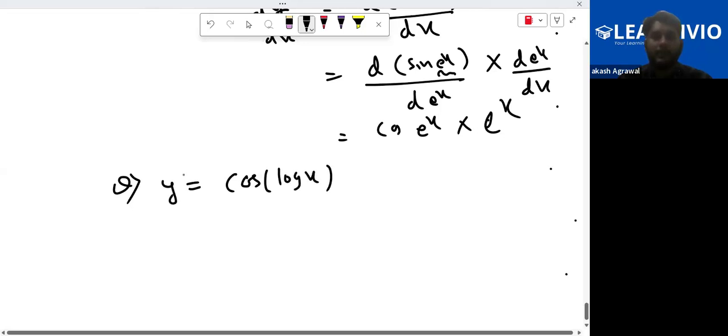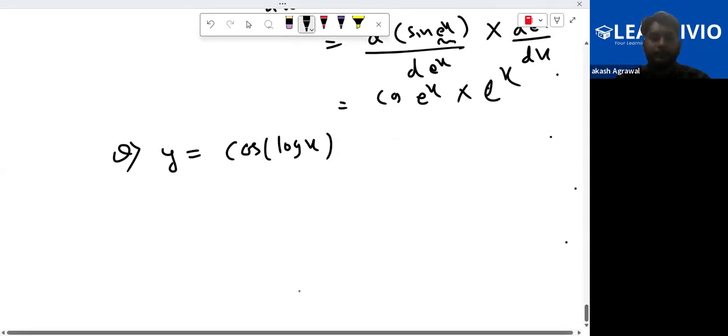Okay, guys, try to differentiate this function. Minus sine of log x by x.